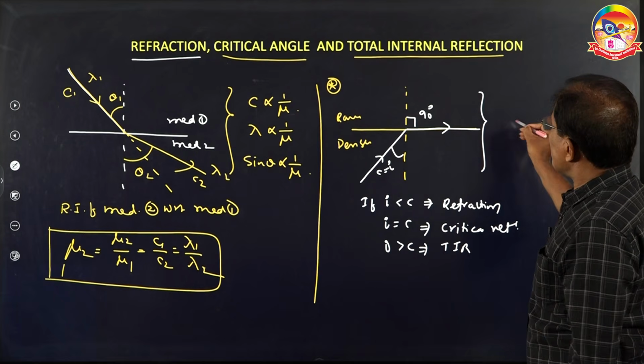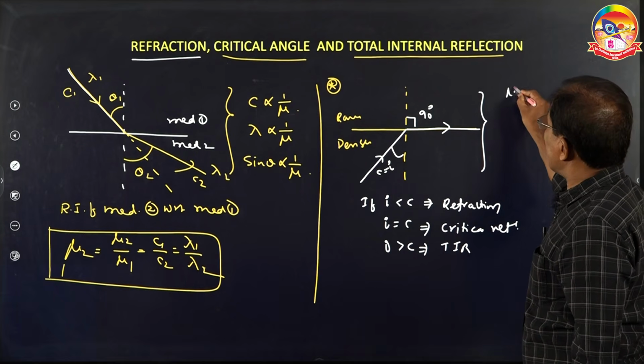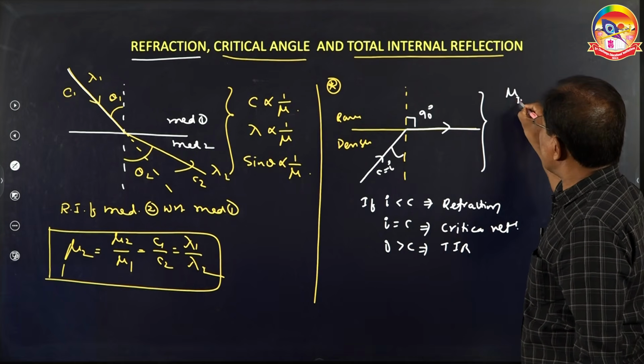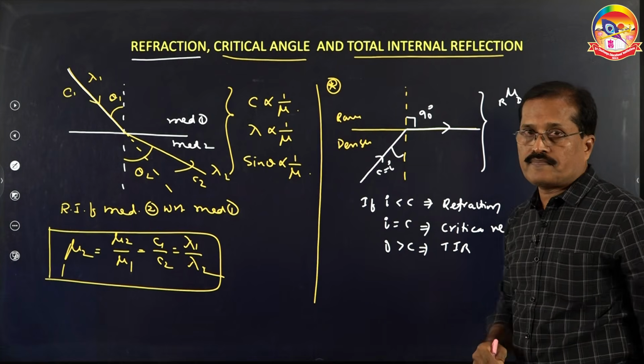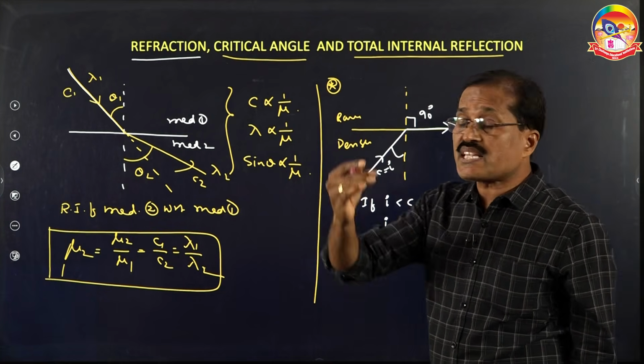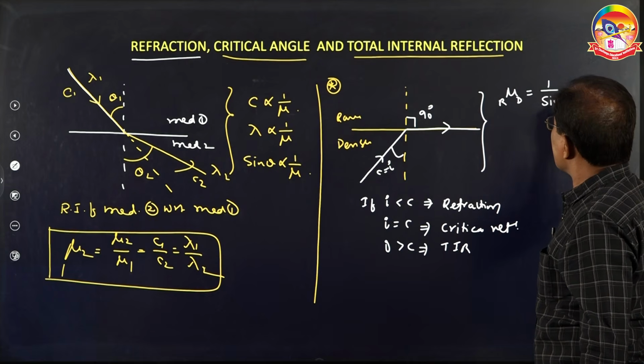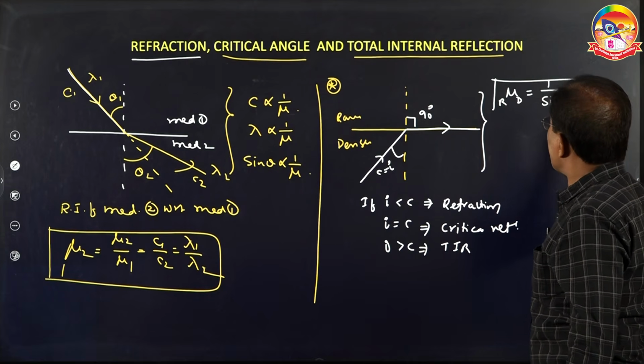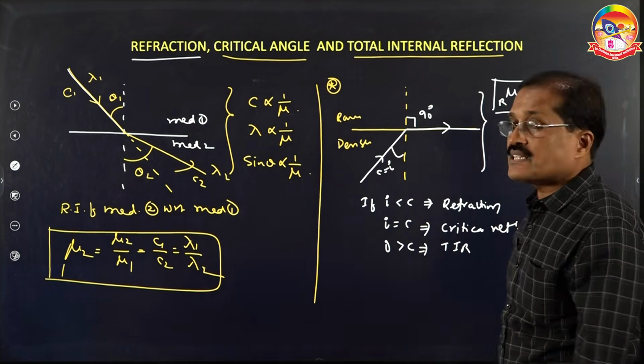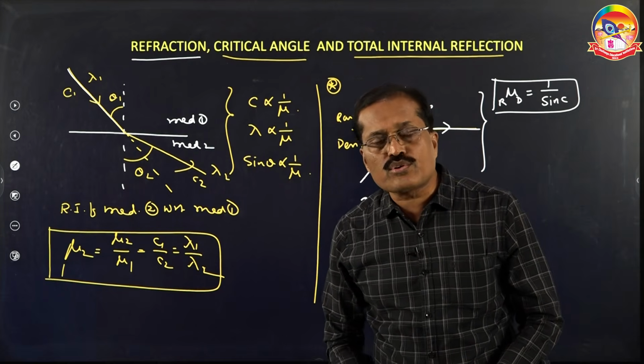Is it clear? Now we can see another formula: the refractive index of the denser medium with respect to the rarer, of a given pair, is equal to 1 by sin C. This is one of the most important formulae here. So this is about the critical angle and total internal reflection.